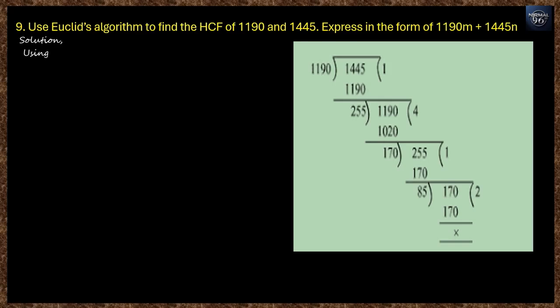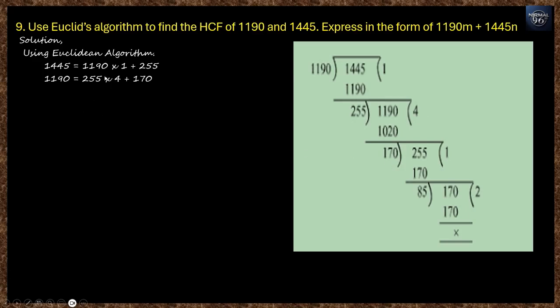So here, using Euclid's algorithm, 1445 is equal to 1190 into 1 plus 255. Now we will factorize this 1190. So 1190 is equal to 255 into 4 plus 170.